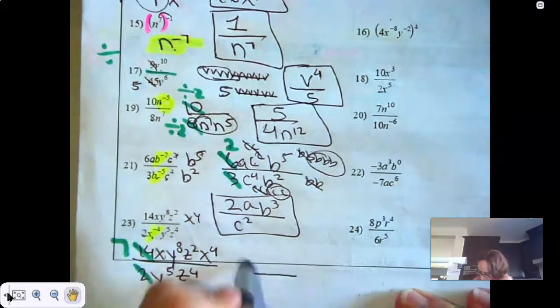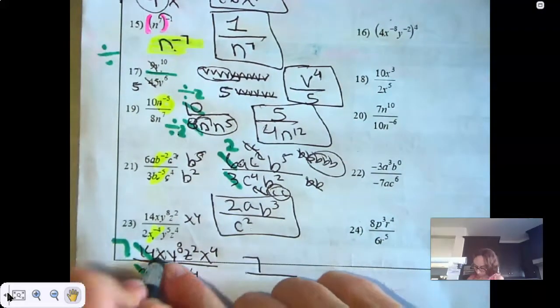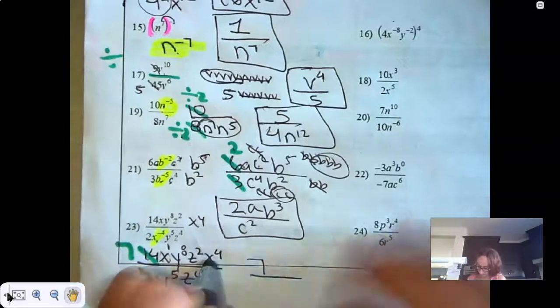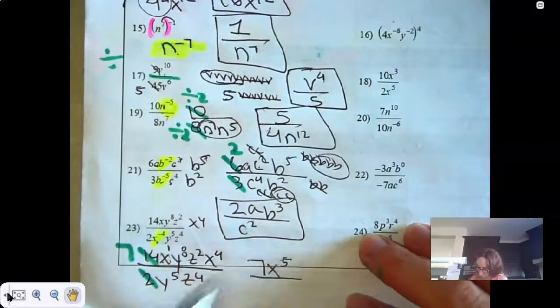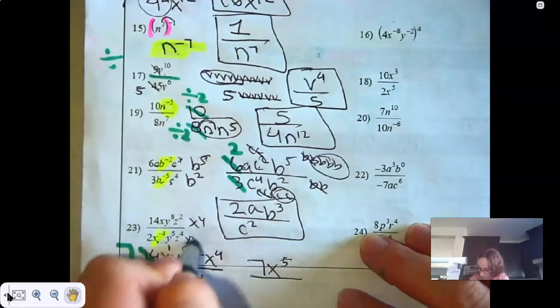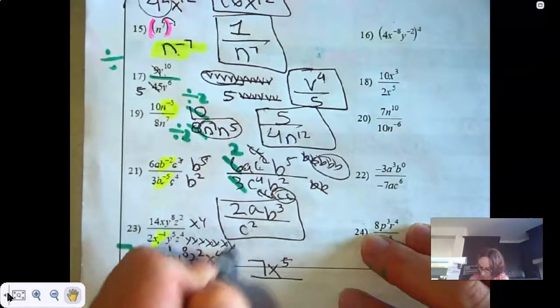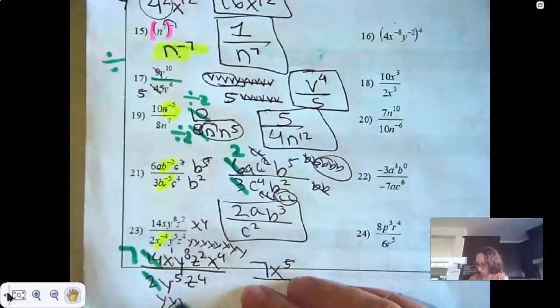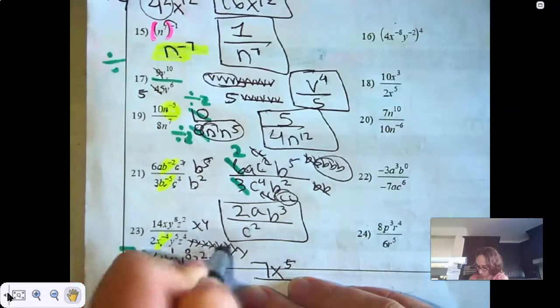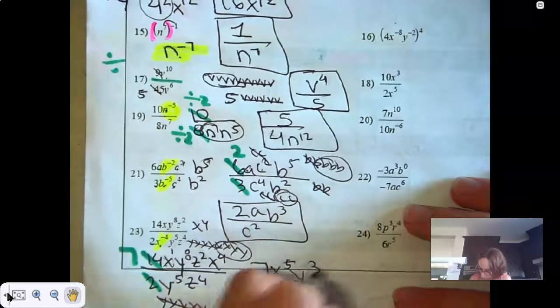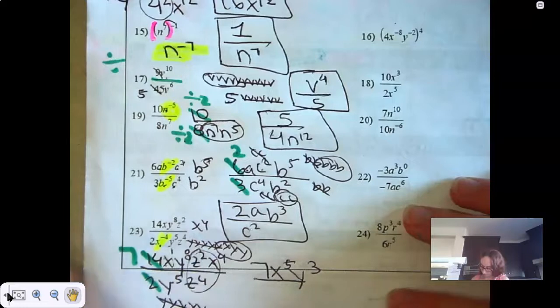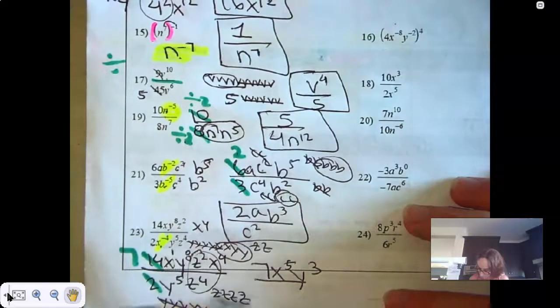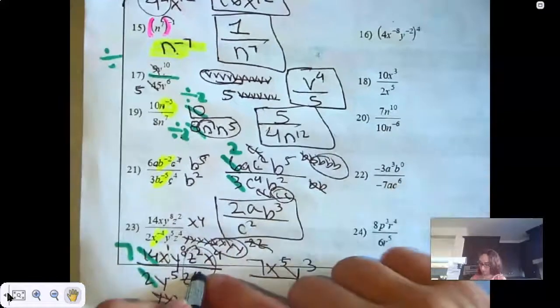So now I go like this, 7. So I have 1x, and 4 of them, that makes 5. 8. 1, 2, 3, 4, 5, 6, 7, 8, 5. 1, 2, 3, 4, 5. Y cubed. And then now my z's, 1, 2, 1, 2, 3, 4. The z is on the bottom.